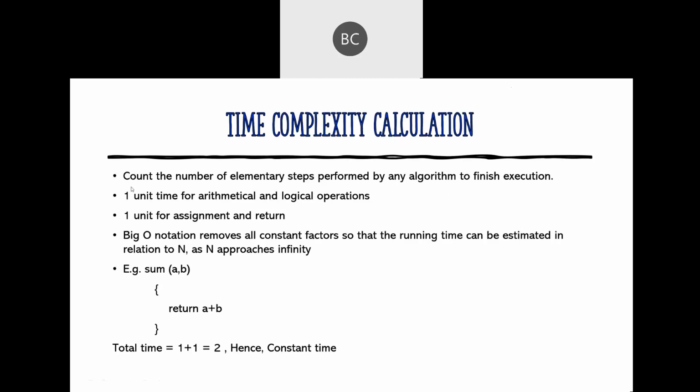So whenever you write a program, just see how many lines you have written to finish it. Every line or each instruction will take a single unit of time. Arithmetic and logic operations will take 1 unit of time, and assignment and return will take 1 unit of time.